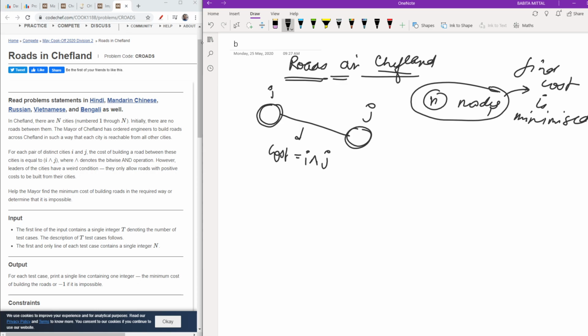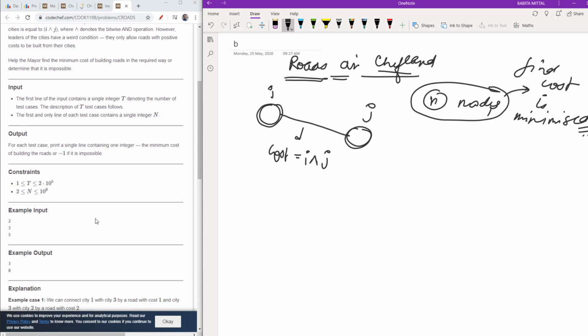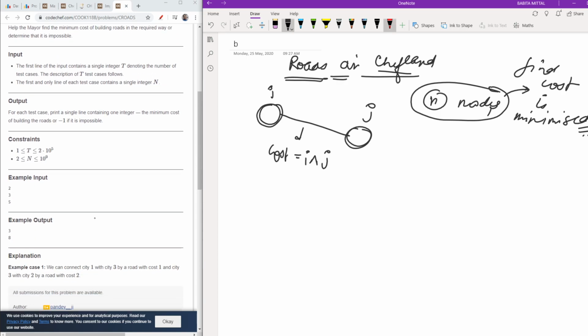Let's see one example, and after that I will show you how to approach this problem. As you can see, t is less than or equal to 2 into 10 raised to power 5, and n is less than or equal to 10 raised to power 9. So the constraints are pretty large.